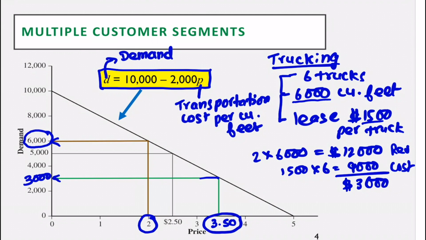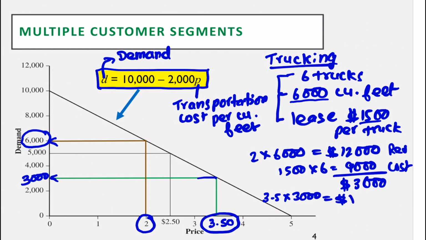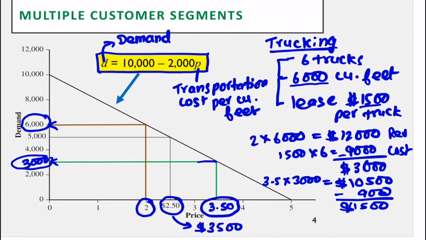So if you multiply 3,000 by 3.5, that will give us a revenue of 10,500. But the total cost is still 9,000, so the net profit is only 1,500 this time. And if the price is 2.5, this gives us a profit of 3,500.